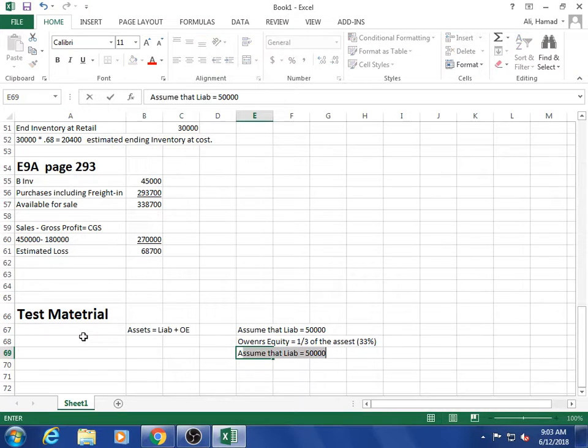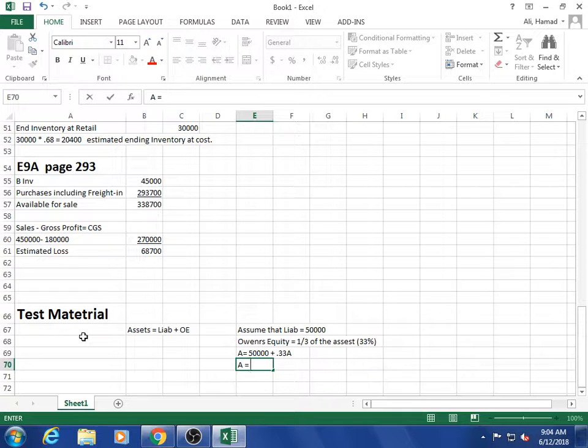Assets, A, equals liabilities, which are what? 50,000. 50,000 plus 0.33 of A. Now does that click? Find A first. A equals 50,000 plus 0.33 of A. You've got to get the A's together. So A minus 0.33A equals 50,000.